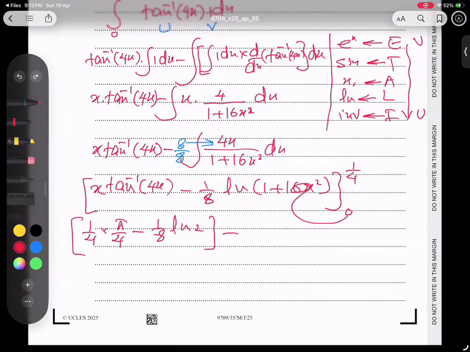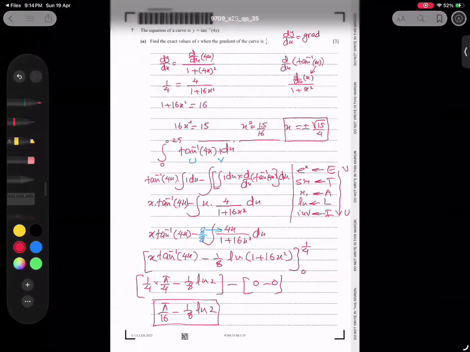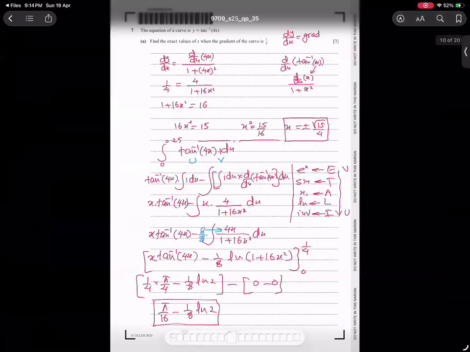When I plug in 0 here, ln 1 is 0, so this is totally gone. So it means I can write 0 minus 0, and here I got pi over 16 minus 1 over 8 ln 2, and this is our exact answer, and I think we can do nothing extra. That's it. So Alhamdulillah Rabbil Alameen, the question is completely over.